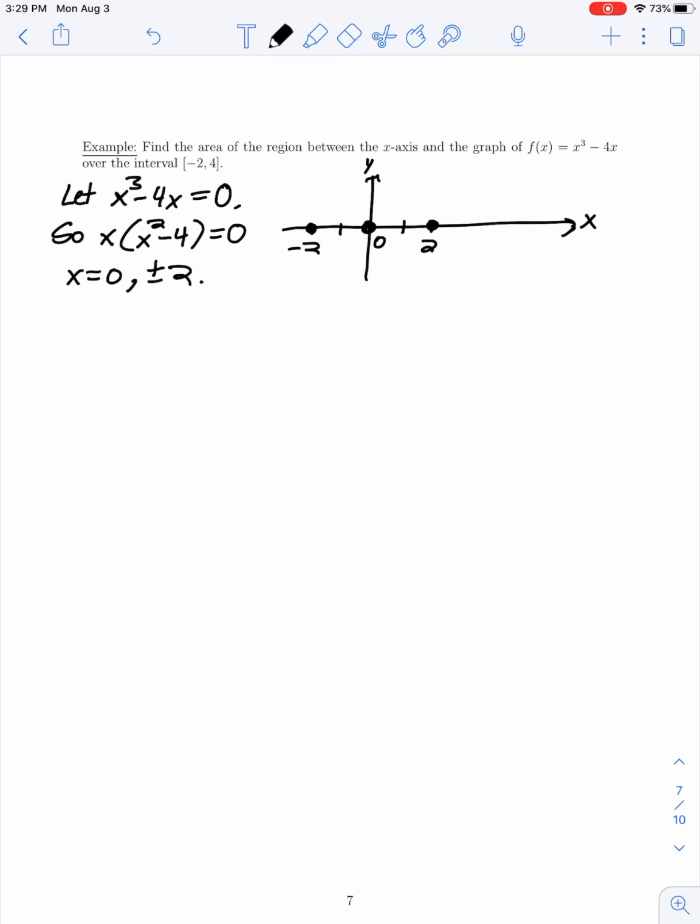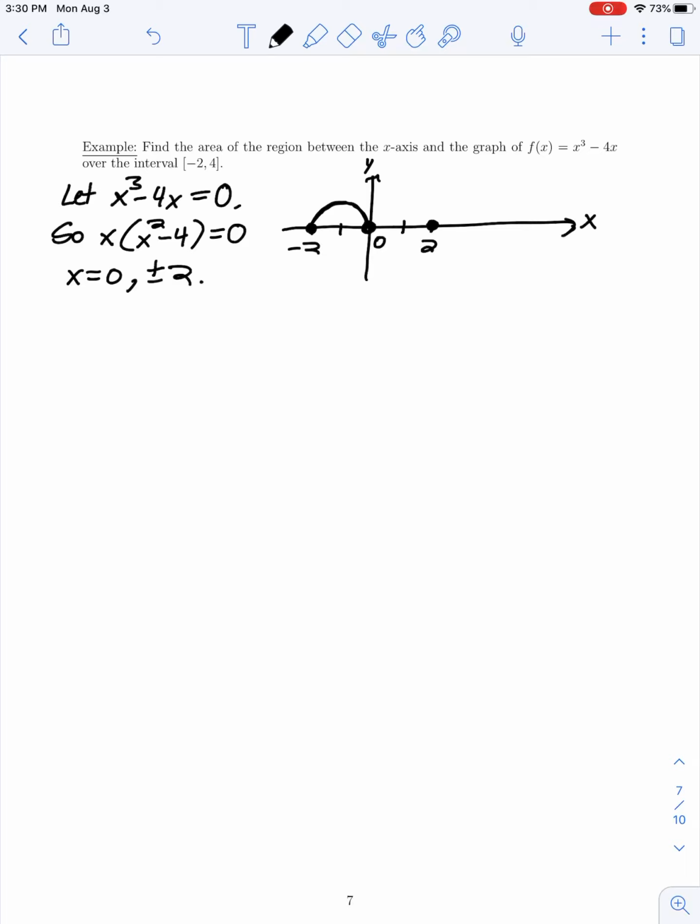Now, to get sort of a rough idea of what this curve looks like, we just really need to know whether our function is positive or negative on each of these subintervals. So between -2 and 0, if I were to substitute -1 in for my function, I see that I get a positive value. So I don't know exactly what this curve looks like, but it has to pass through those two intercepts, and it's positive everywhere between -2 and 0.